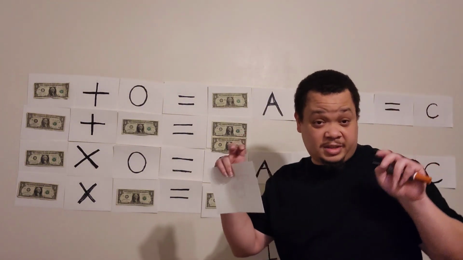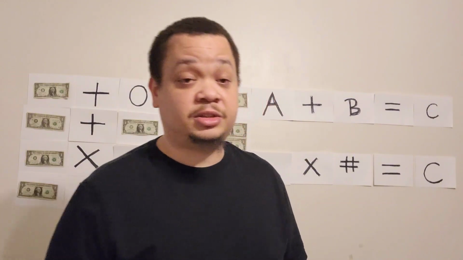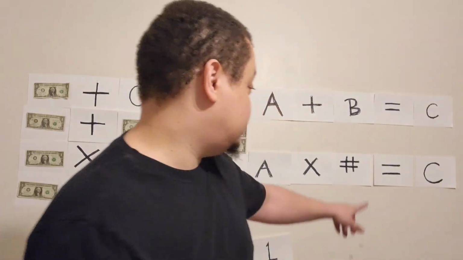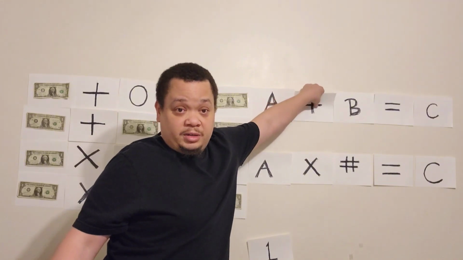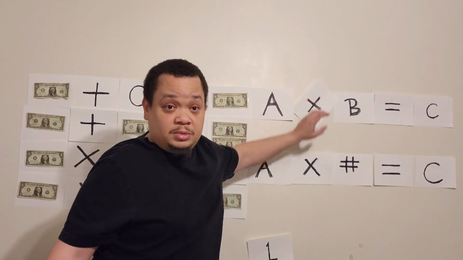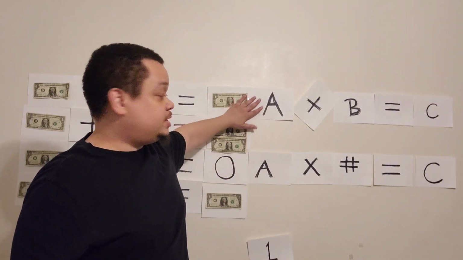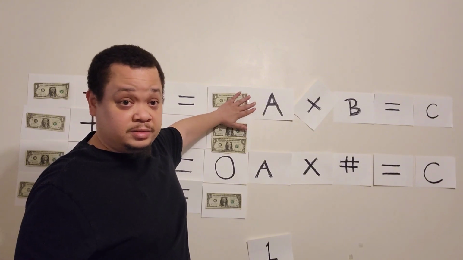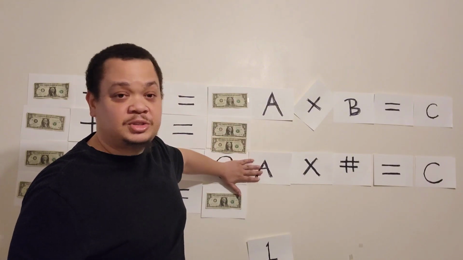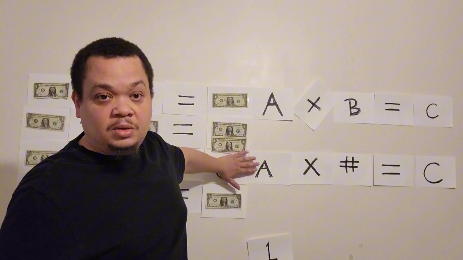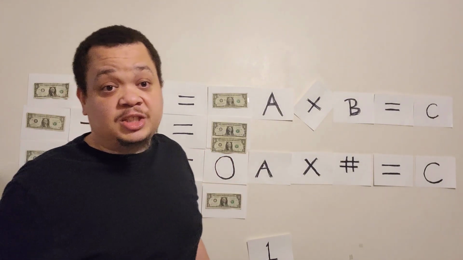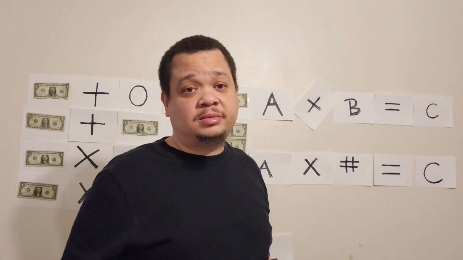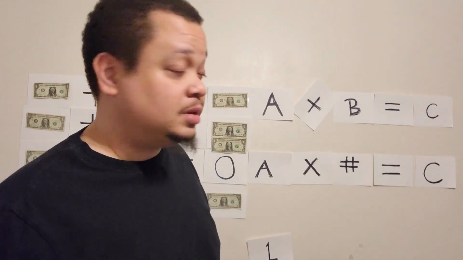This is what math is telling you. This is the real equation that you're using for multiplication. You're not using this up here. Just an example. You're not using this equation. You understand? No, you're not. You're using this equation. And it's wrong. It's not right. It's just flat out wrong.